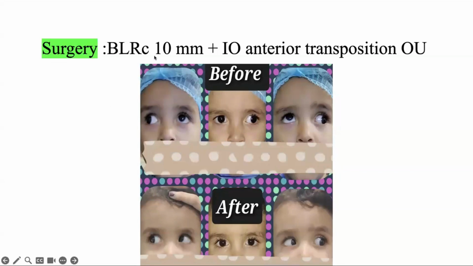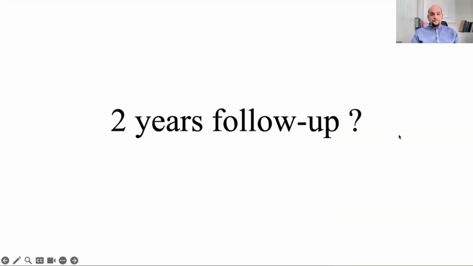So in this patient, I have done bilateral LR recession 10 millimeters with inferior oblique anterior transposition in both eyes. And I chose anterior transposition because of the large grade of the inferior oblique overaction. And post-operatively, patient is orthotropic and inferior oblique overaction improved significantly.